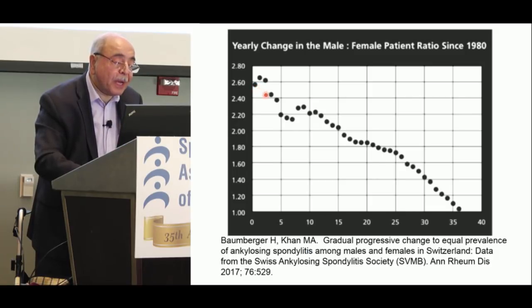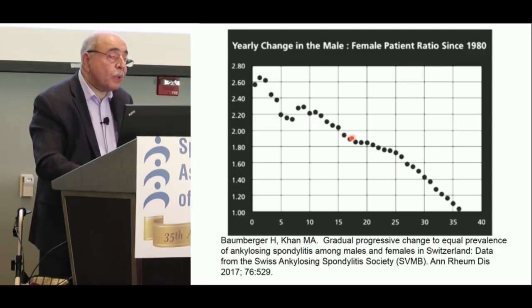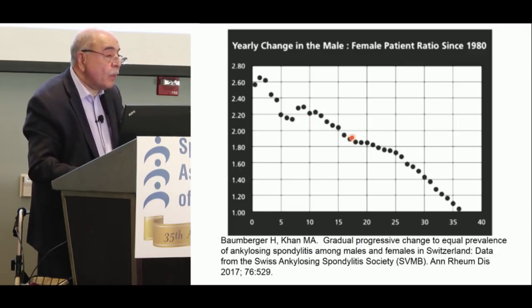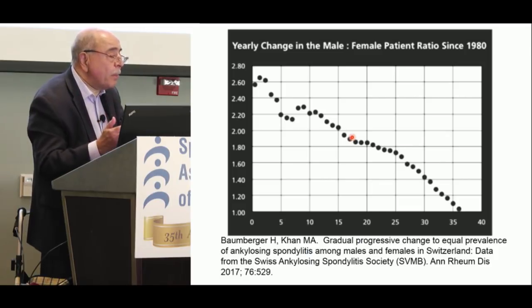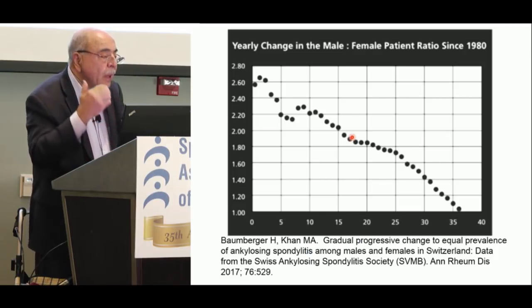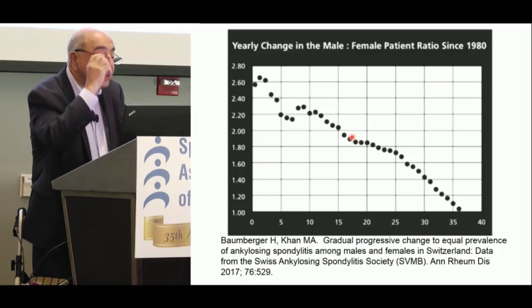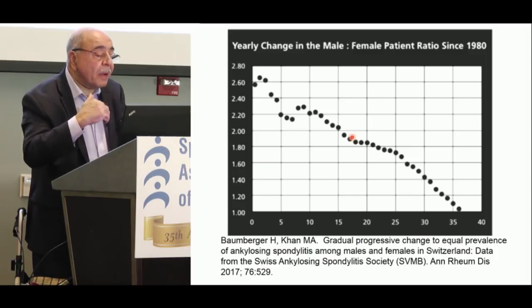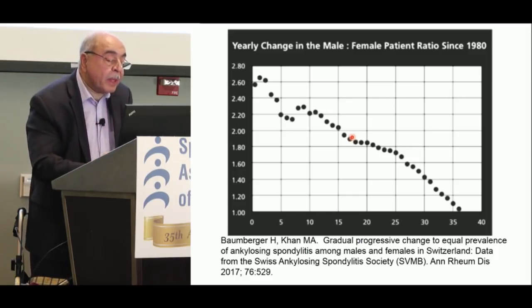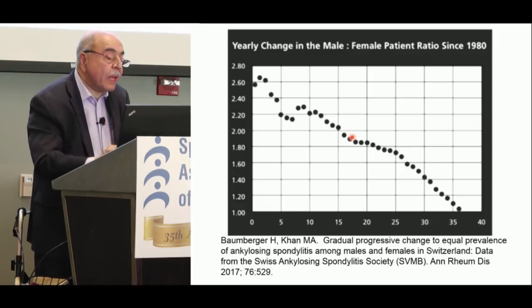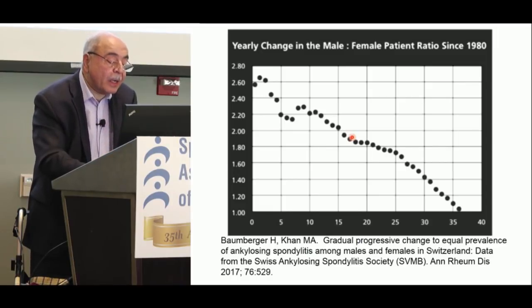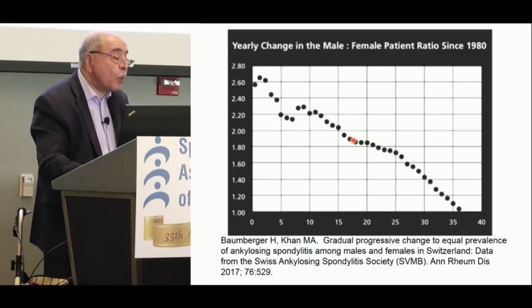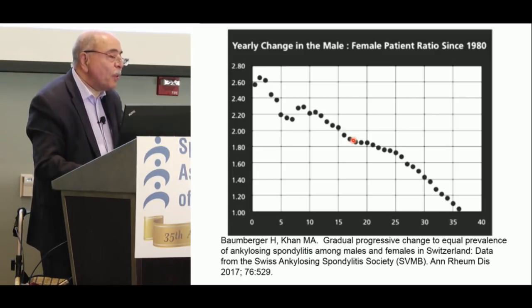Over the years, gradually the ratio started decreasing because the Swiss Rheumatology Society was very helpful in educating the public about this disease, also working with rheumatologists, physical therapists, physiatrists, and everybody. The disease was then being recognized earlier and earlier. And Swiss rheumatologists are pretty good. Their health insurance is pretty good. One could get MRI without any hassle.